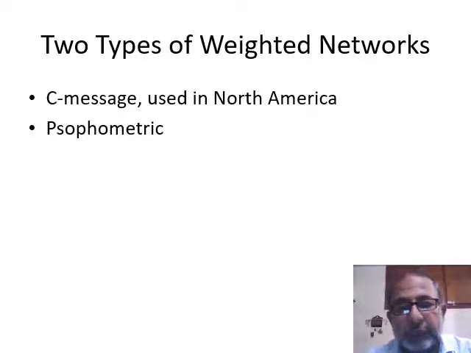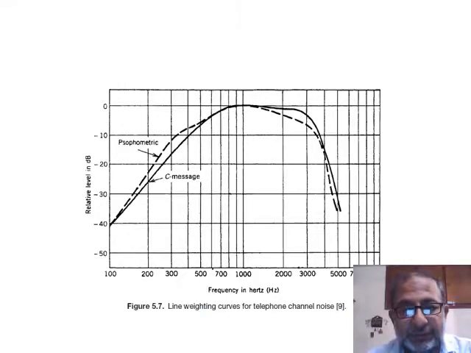I've already said that the C message or the North American system uses 1000 hertz as the test signal, and the sophometric system requires 800 hertz as the test reference.